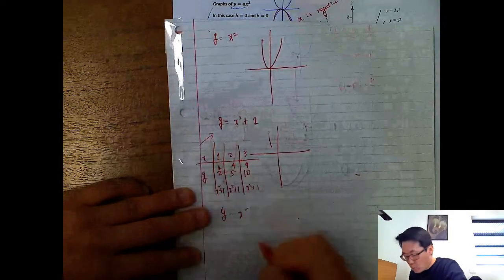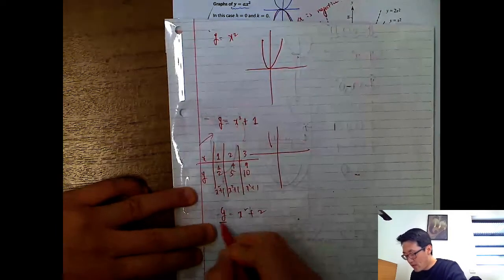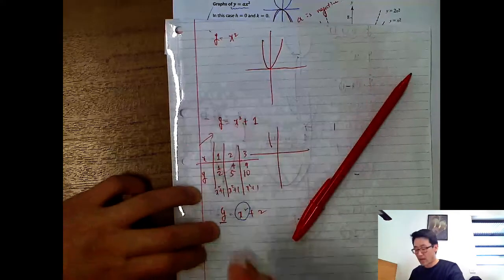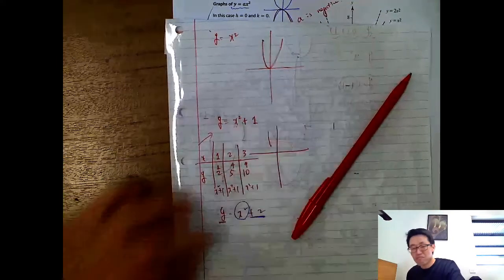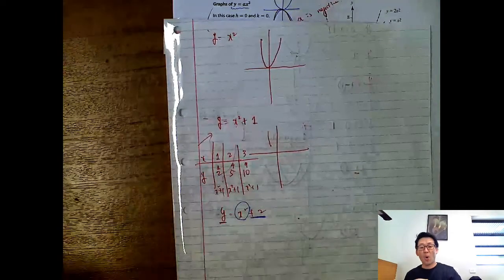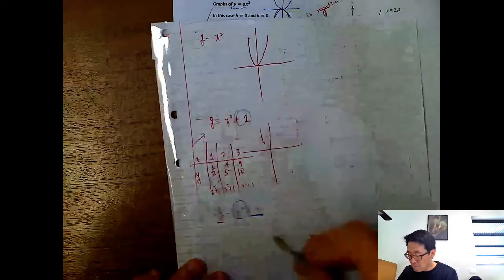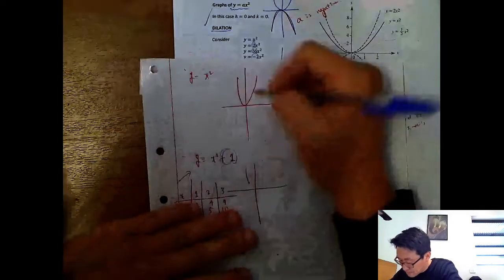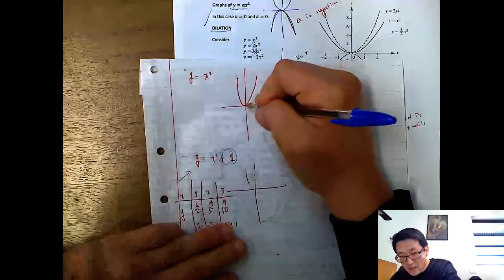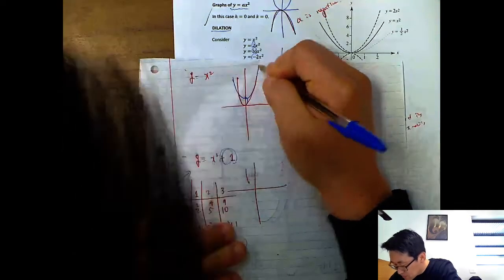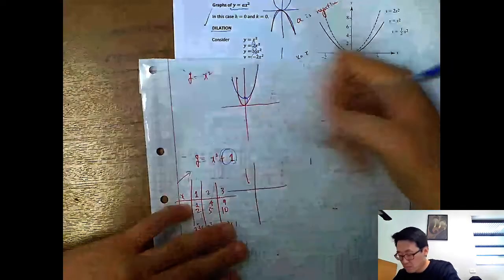Y is x squared plus 2. So the y value is the same, whatever I put for x, just bigger by 2. In this case bigger by 1, in this case bigger by 2. Then if I draw that, all the y values are 1 bigger, exactly the same, just 1 bigger.